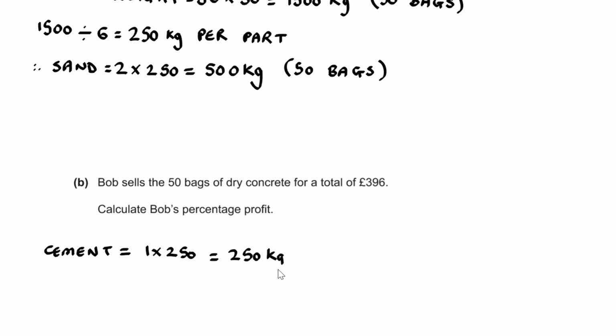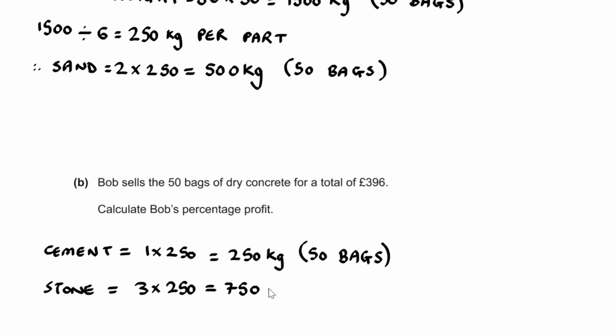So we've got 250 kilograms for 50 bags. And if we consider the stone, we had 3 parts, so we've got 3 times by 250, which is 750 kilograms. And again, this is for 50 bags.